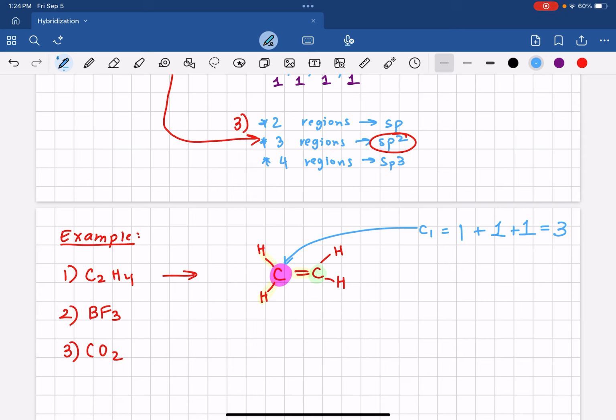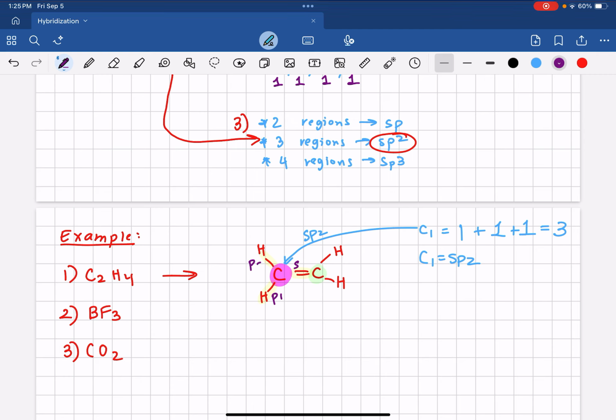Now let's see, if I have 3 electron densities, 3 regions, what will that match up to? 3 regions is sp2. So my answer for carbon 1 is that the hybridization is sp2. Again, let's do that shortcut notation if that helps you as well.